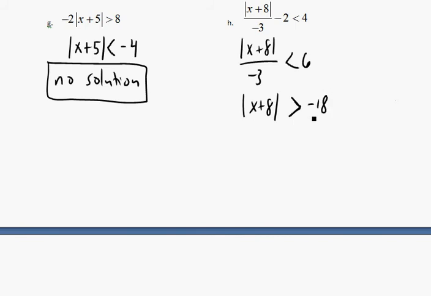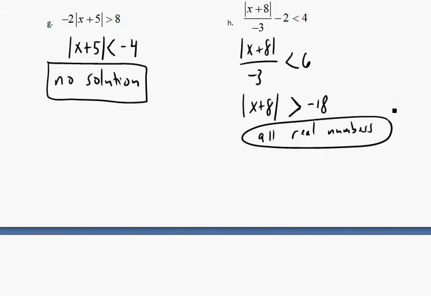Now, this is slightly different than what we got in problem G. Here we have the absolute value of a quantity is greater than a negative number. And since a distance has to be positive, that means the absolute value will always be greater than a negative, regardless of what x is. So in fact here, our solutions would be all real numbers.